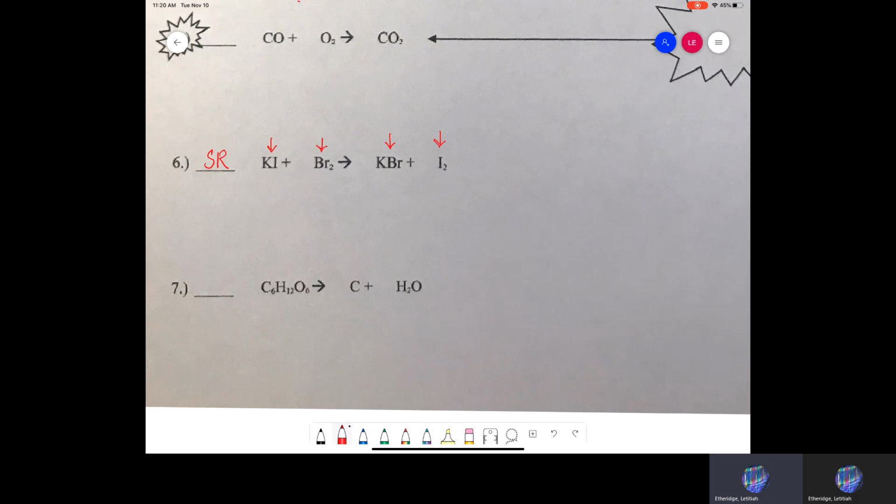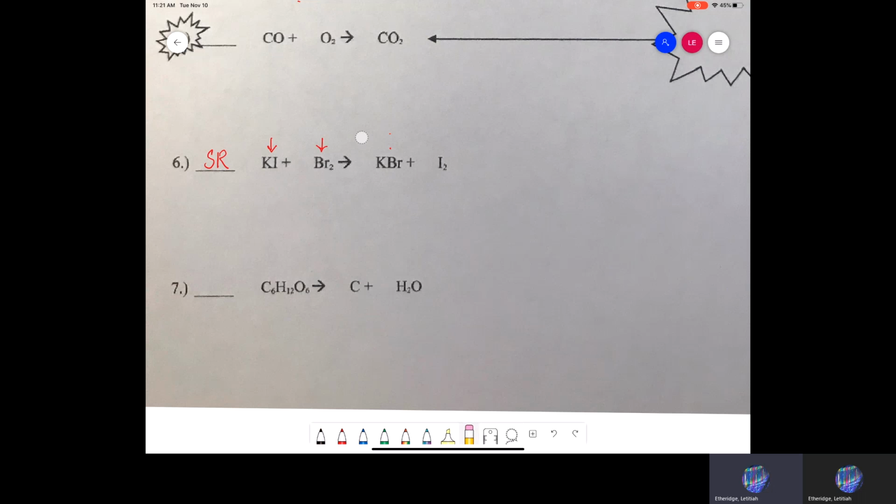The other way to notice it is that your bromine essentially pushes iodine out and leaves it by itself. So there is one element that is being replaced by another. That means it's single replacement. Hopefully that should be second nature right now.